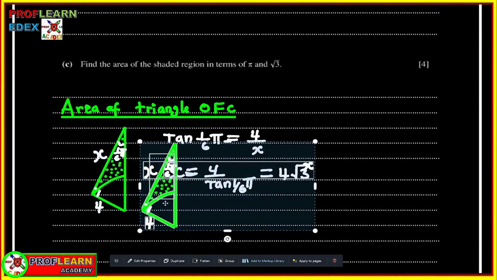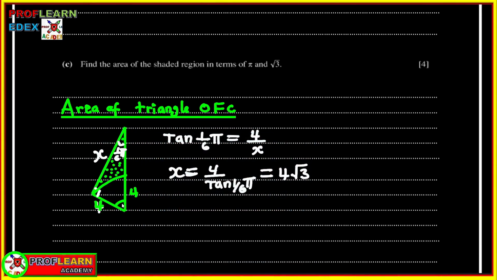But now I need to find the unshaded part of the sector here, for which I need to find the area of the triangle first. So the area of the triangle is going to be a half base times height. And the height value x, we had gotten it to be 4 root 3, times 4. And working out that, we're going to get 8 root 3.